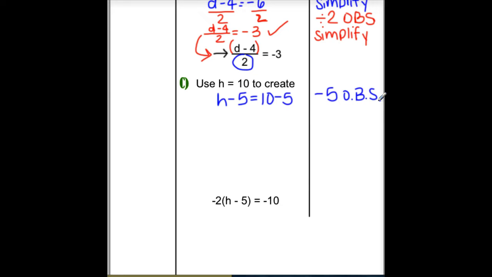And then I'm going to simplify, giving me h minus 5 equal to 5.